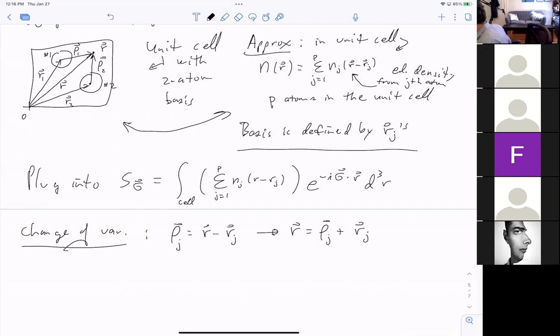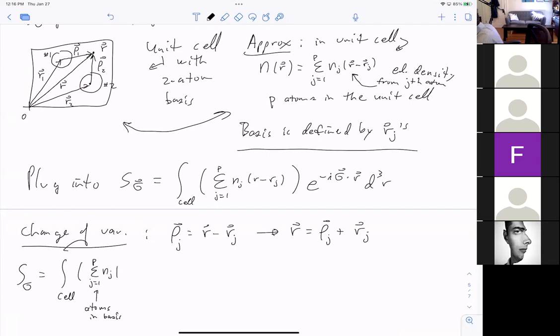Not super intuitive change of variables, but it works because then using this change of variables, we can write the structure factor. There's a reason for doing all this math because in the end, you get a really pretty little answer. So we can now rewrite this integral as an integral over the cell for the structure factor. And now this electron density, I can write it as a sum over all the atoms in the basis, n sub j.